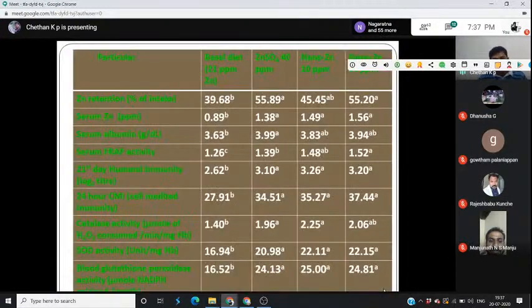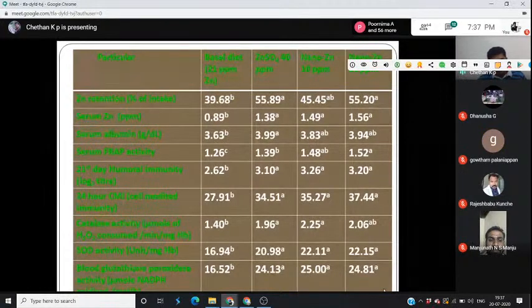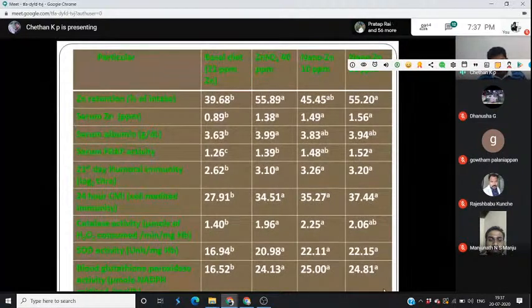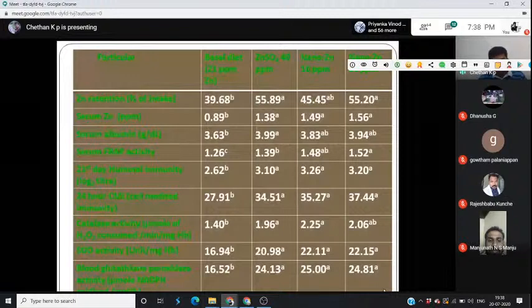And he could find that the 10 ppm and 20 ppm supplementation were on par with the 40 ppm inorganic zinc supplemented groups. So you see the zinc retention, which is 55.20 in 20 ppm nano zinc and 55.89 in the zinc sulfate group. That means if you supply only 20 ppm, it is on par with the 40 ppm.